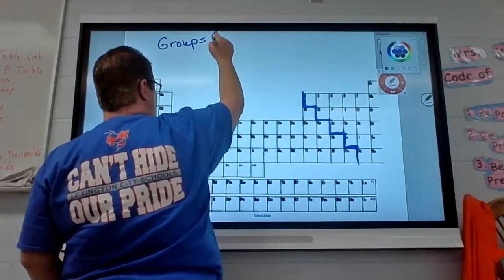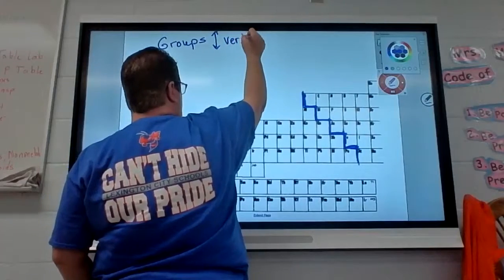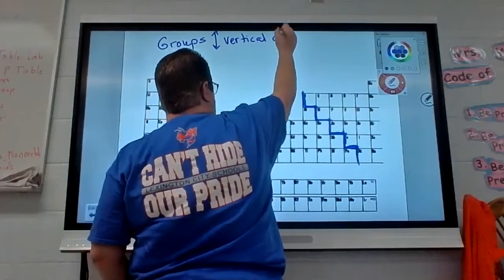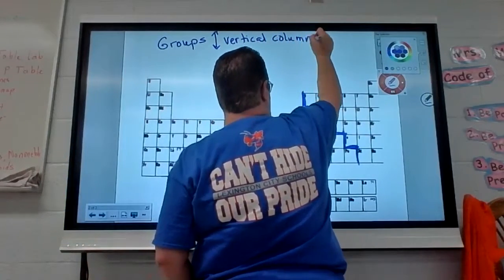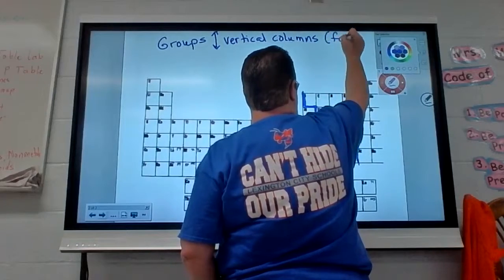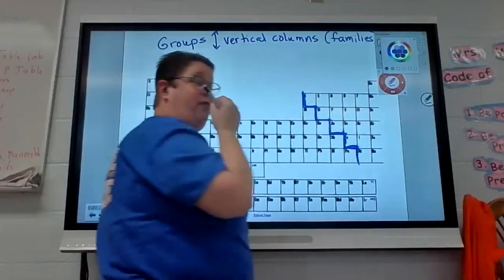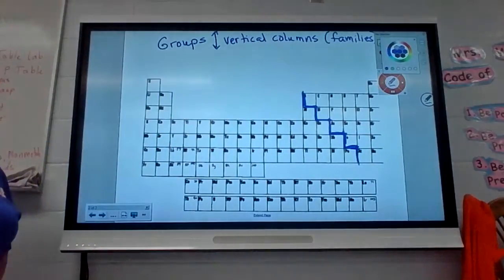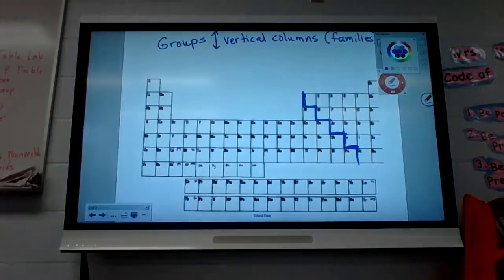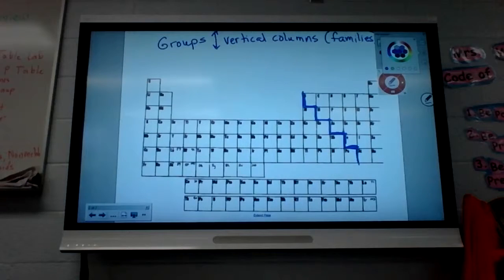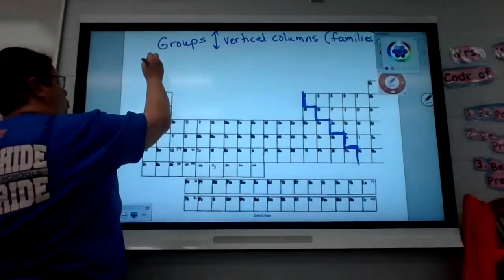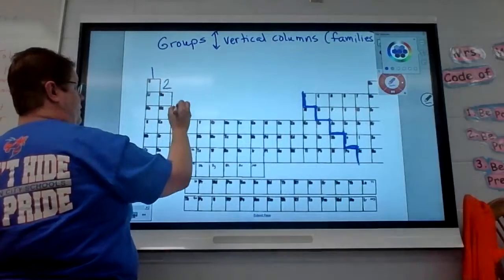Groups run up and down. They're vertical columns. If you had a teacher in middle school, they may have even used the term families. Groups are families, which is why we call them the carbon family, the oxygen family, the nitrogen family, because they're groups of vertical columns. So these are numbered 1 through 18.